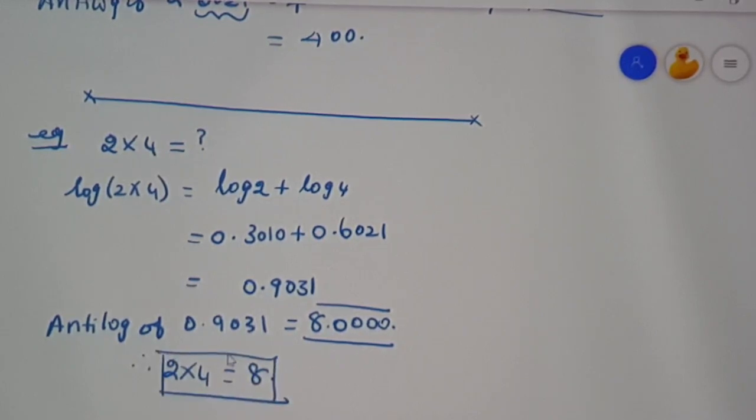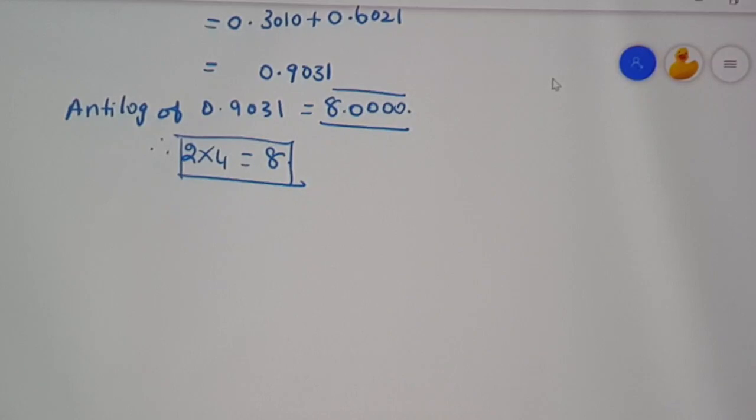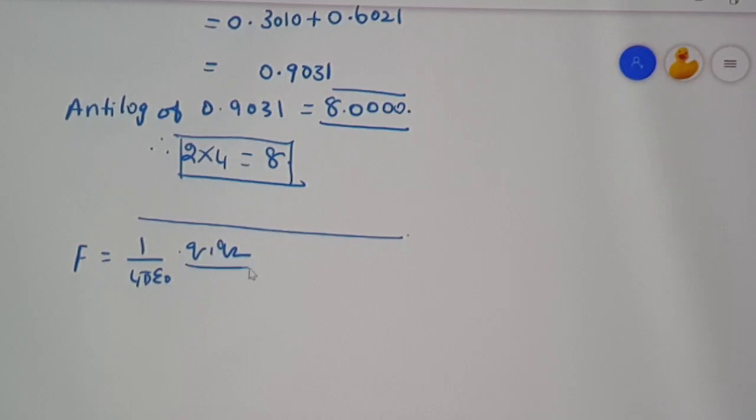If you want, I can go for a somewhat more complicated problem. So I am giving a complicated problem with an example. I can calculate the force between two charges. The formula is 1 divided by 4 pi epsilon 0 into Q1 into Q2 divided by r square.